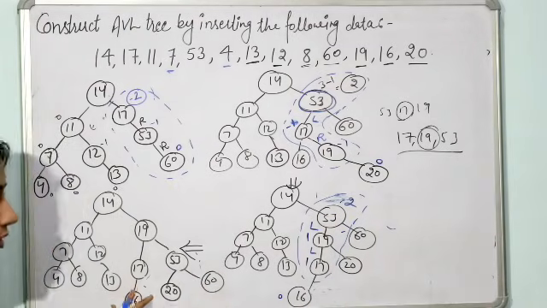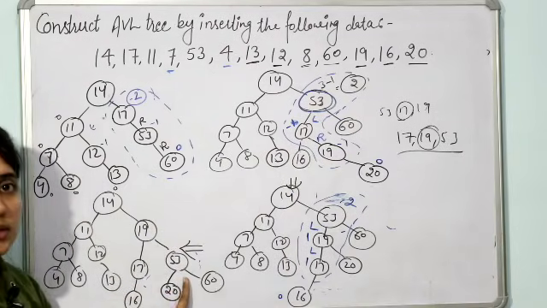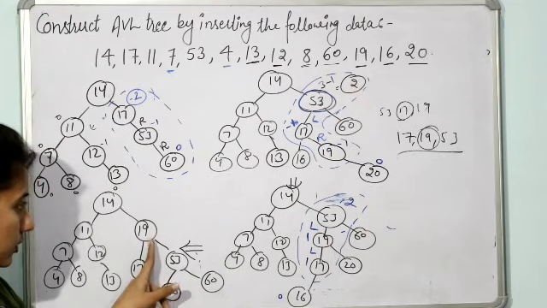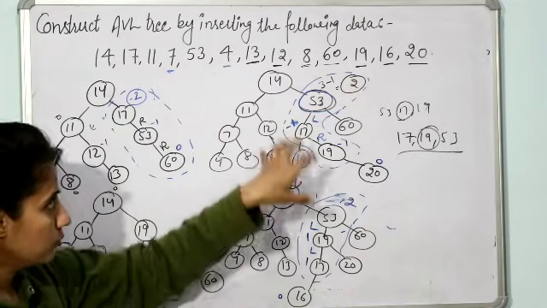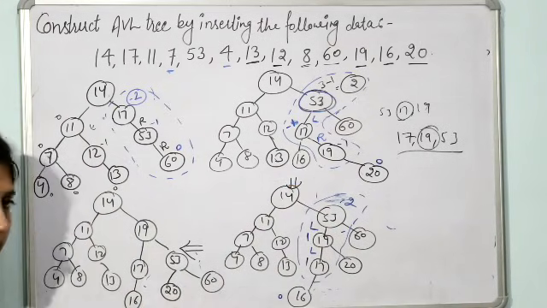Fine, that is the shortcut. Here 19 is the median element, 17 and 53 are the children of this 19, and then find out the proper place for the remaining elements 16 and 20.